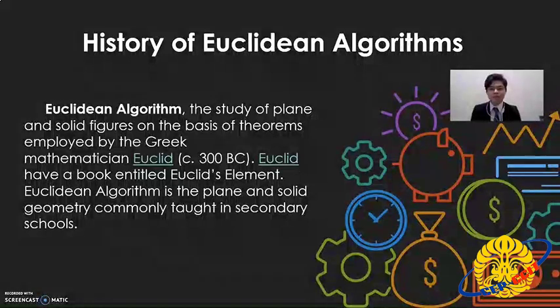Euclid is a Greek mathematician born around 350 BC, and Euclid had a book called Euclid's Elements, which contained steps for finding the greatest common divisor, GCD, or commonly known as faktor persekutuan besar, FPB, of two numbers or integers. The Euclidean algorithm is one of the oldest numerical algorithms and is still widely used.